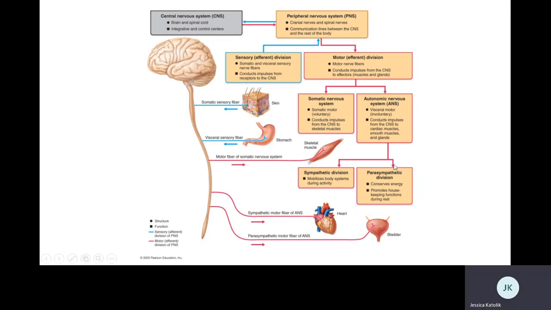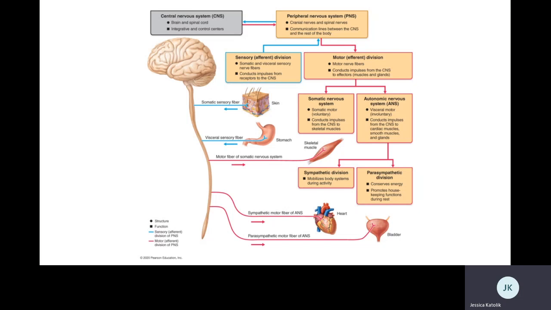The other subdivision of the autonomic nervous system is going to be the parasympathetic division, and it's going to be our rest and digest division, and it's going to help us conserve energy. And it's going to do just general housekeeping things for our body. I remember the acronym SLUDD, with two Ds.